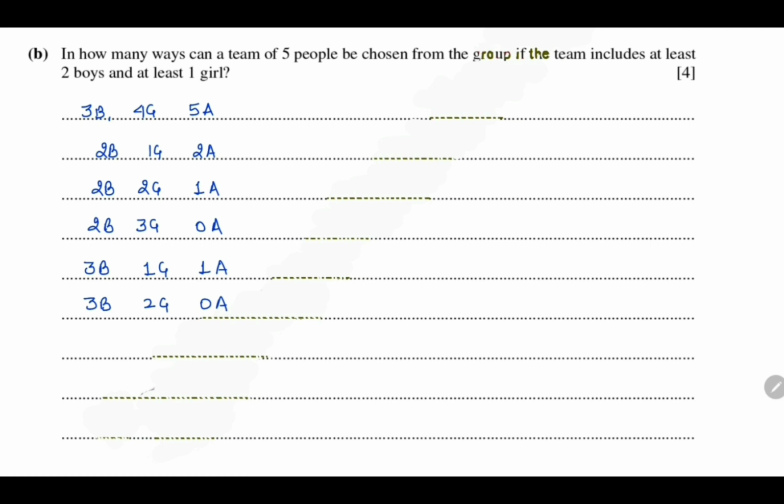The number of ways for the first case can be written as follows. In this we have to choose 2 boys out of 3, so 3C2. 1 girl out of 4 can be chosen in 4C1 ways, and 2 adults can be chosen out of 5 in 5C2 ways.